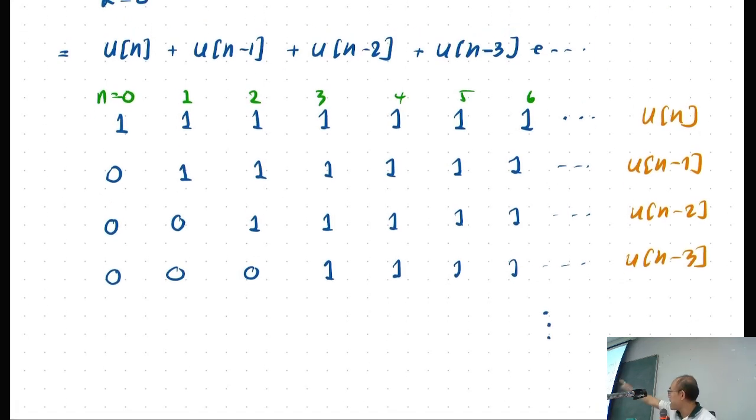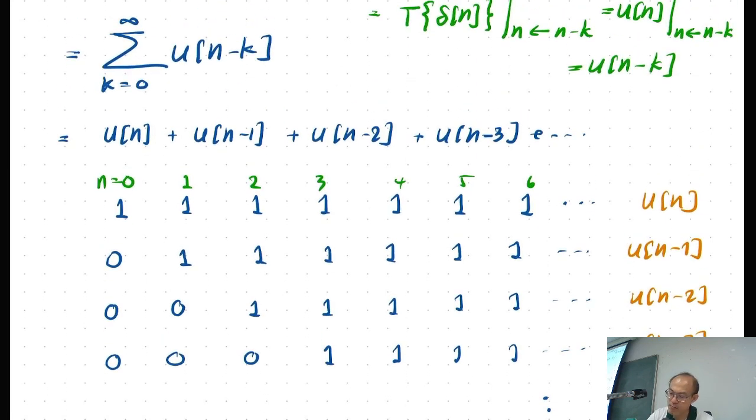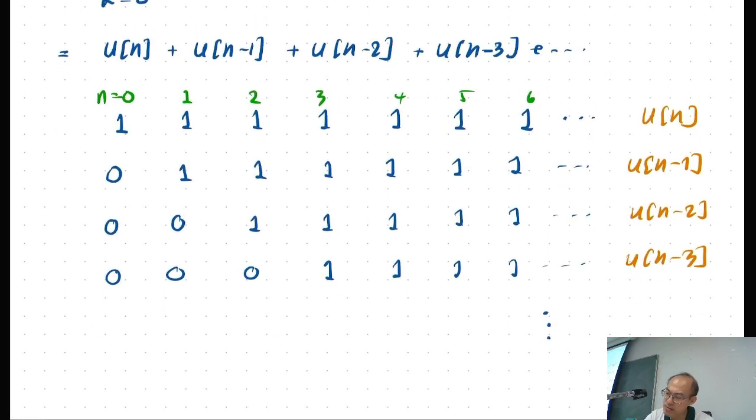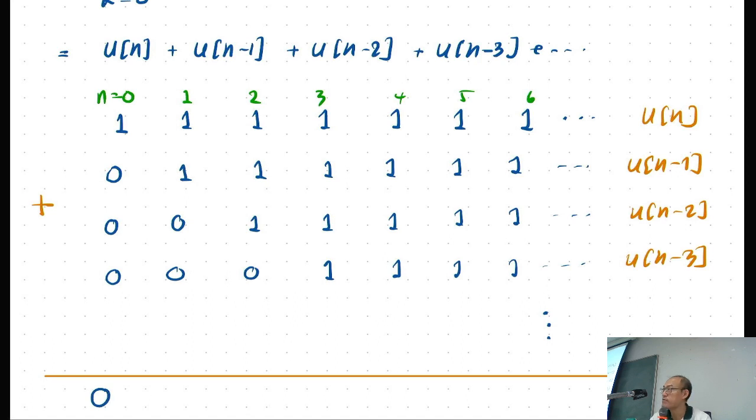But now we have to add them together. This says that we have to add these together. And if you do that, at n equal to 0, you're going to have 0.